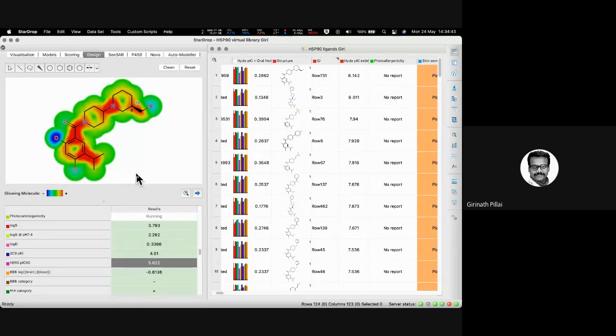So here also we could see these are negatively impacting, but these regions are positively impacting. But let's imagine I cannot simply change everywhere, right? Because activity is also a major concern. So I will try to think of replacing these two methyl groups with something else based upon the synthetic feasibility.